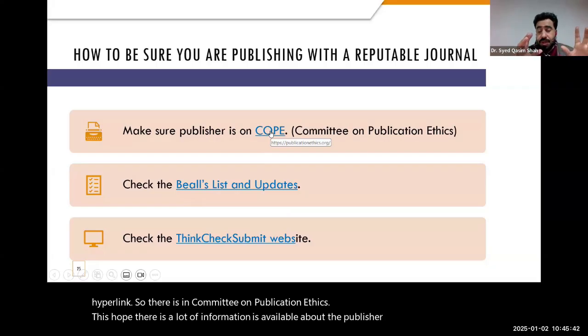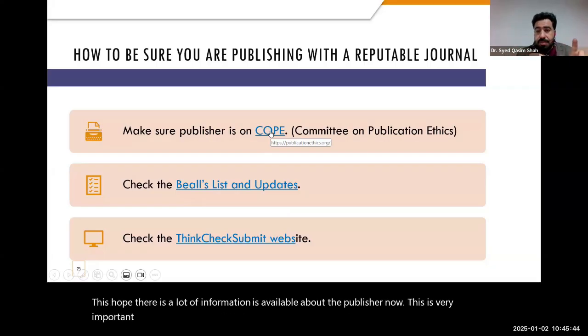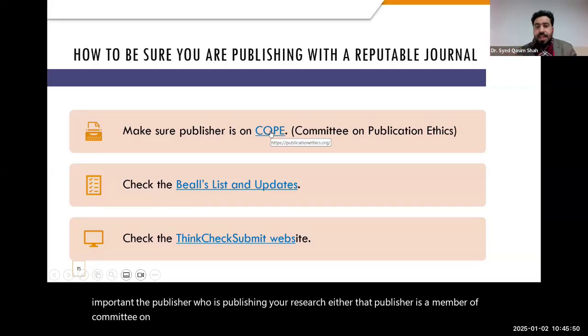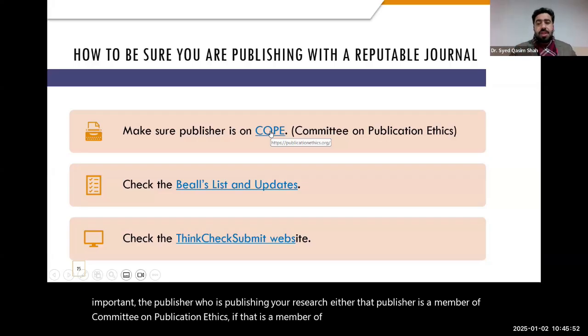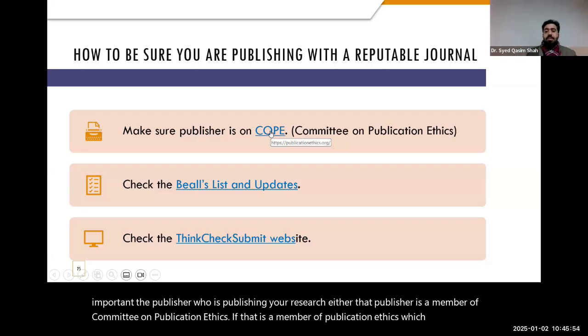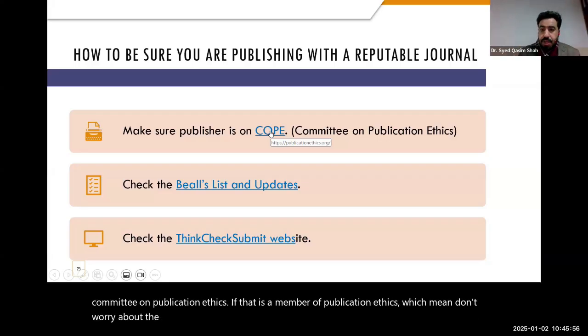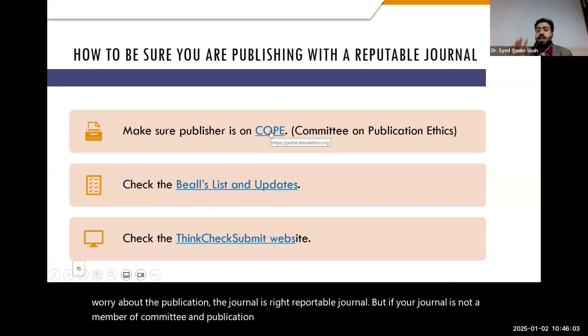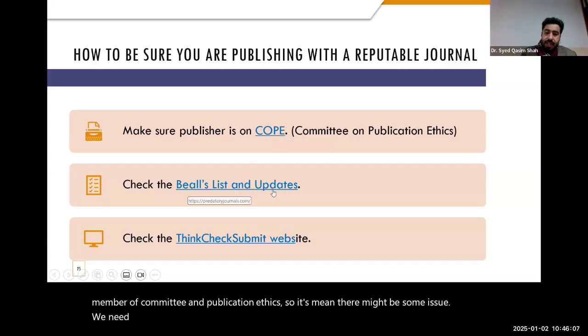Now this is very important: check whether the publisher of your research is a member of the Committee on Publication Ethics. If so, don't worry about the publication, the journal is reputable. But if your journal is not a member, there might be some issue. We need to check Beall's list and updates before we submit to any journal.